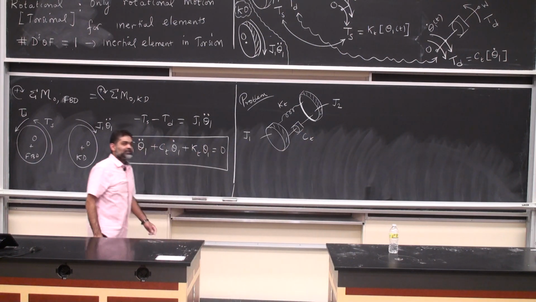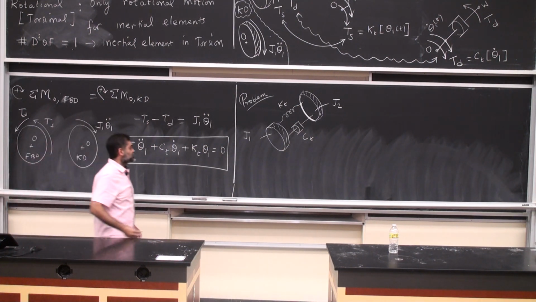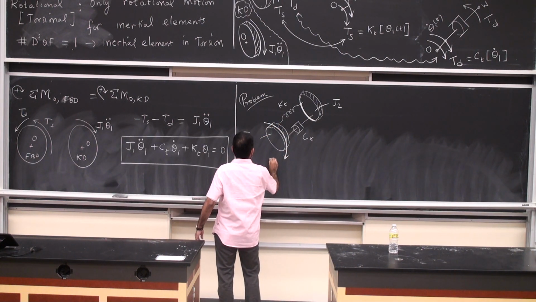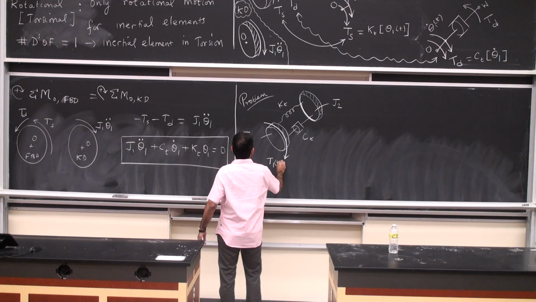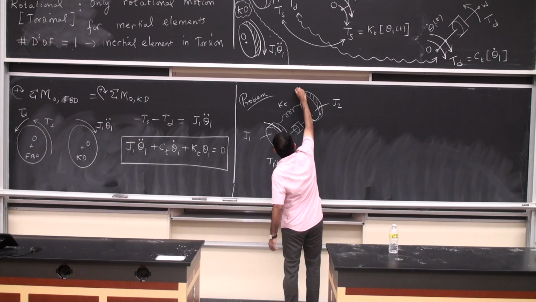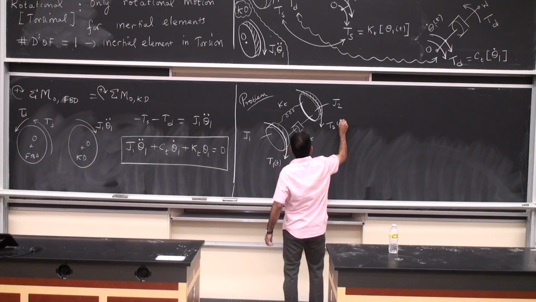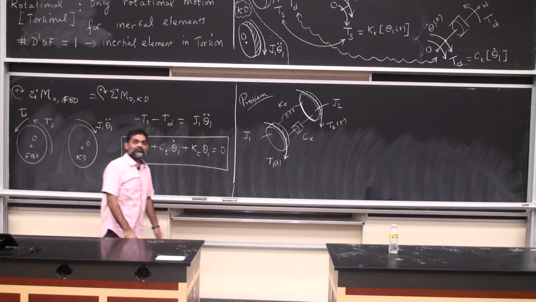Now in this problem, let's say that there are some applied torques. Let's say that there is a torque T1 as a function of time. There is a torque T2 that is applied as a function of time.